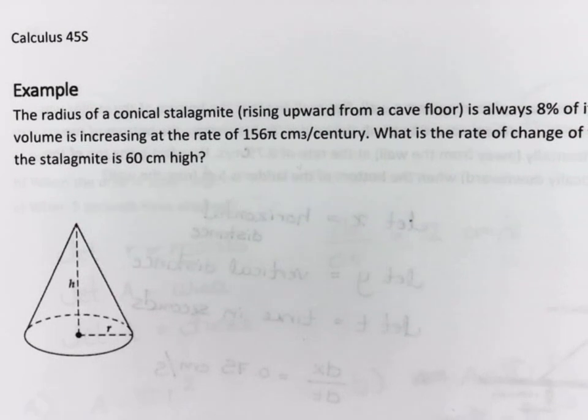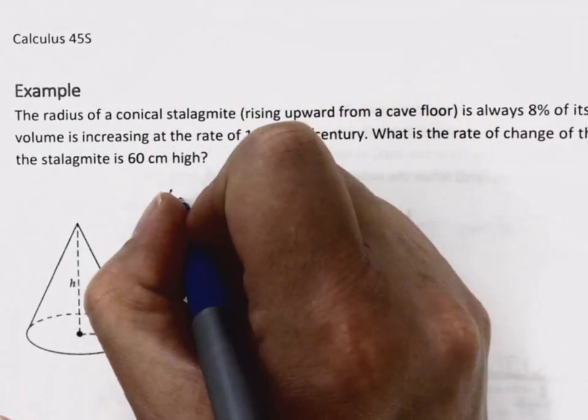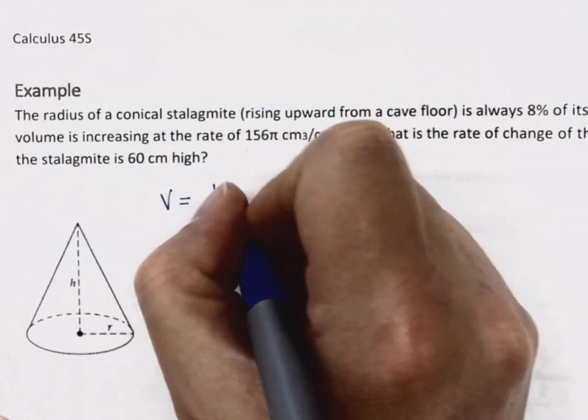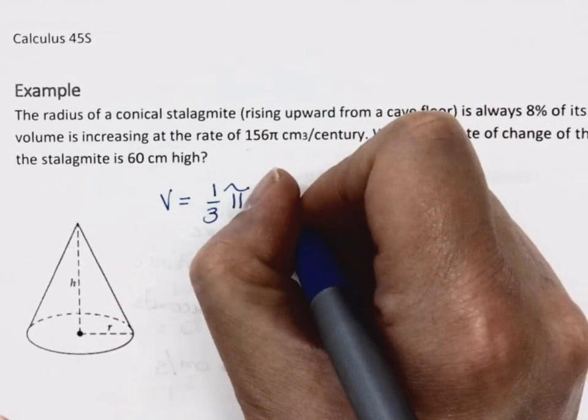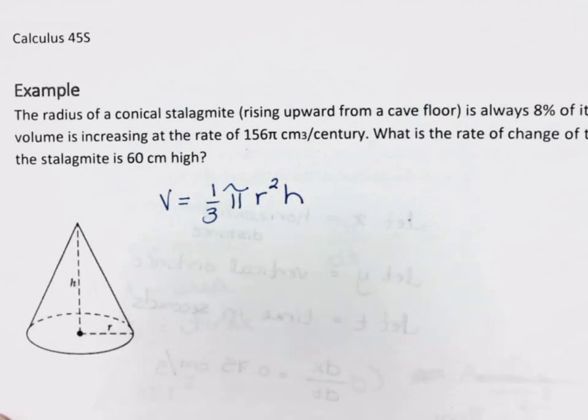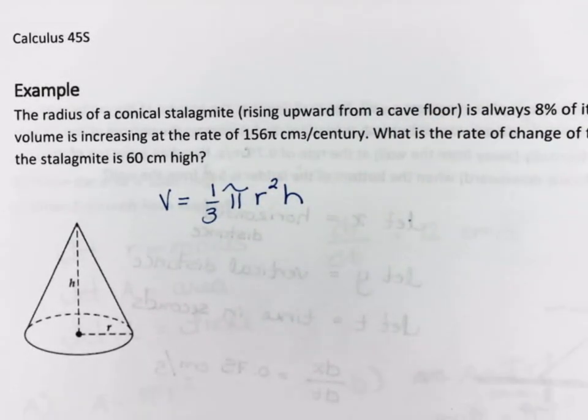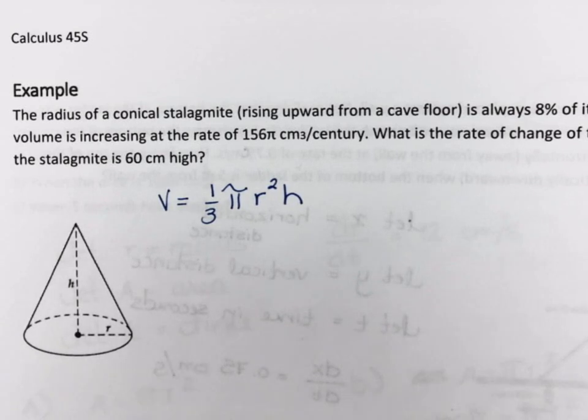Okay, what you need to know is the volume of a cone. The formula for volume of a cone is 1/3 pi r squared times height. That's going to be important. Okay, so it says the radius of a conical stalagmite, so that's rising up from a cave floor. What's the other one called?